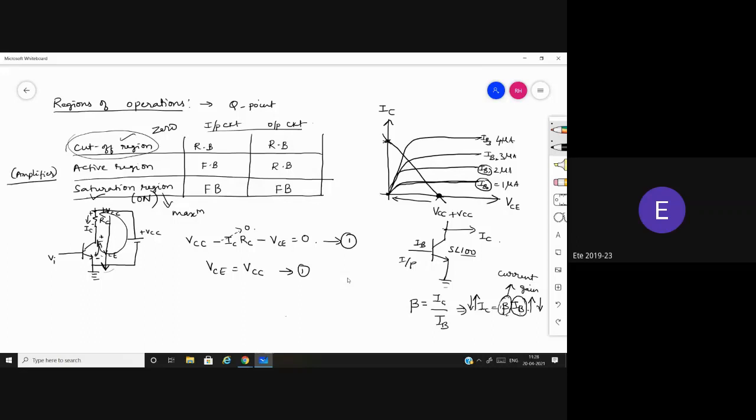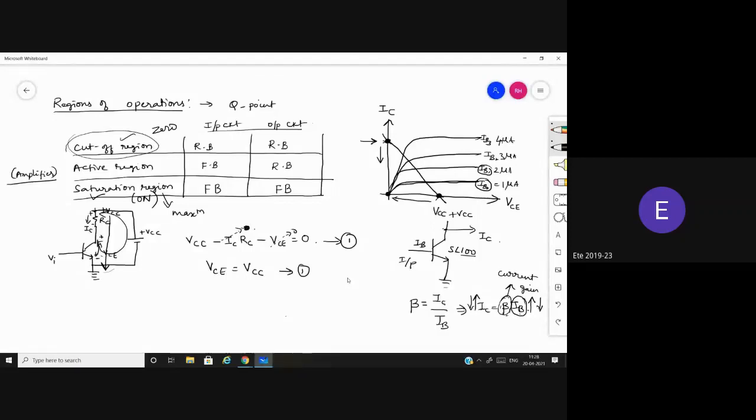Now, I want one more point along the y-axis to plot the line. Just look at the x-axis. What is the value of the x-coordinate at this particular point? VCE is 0. So we make VCE equal to 0.